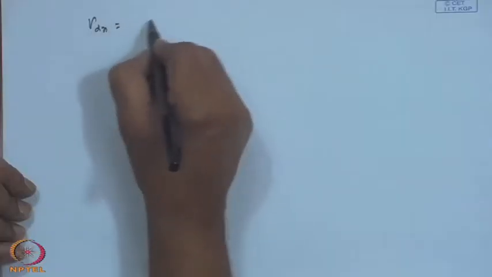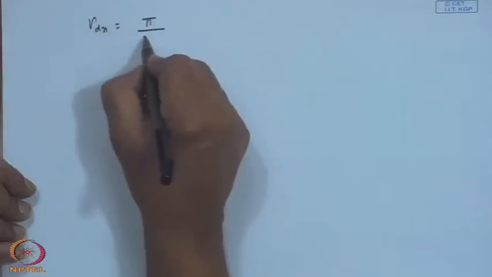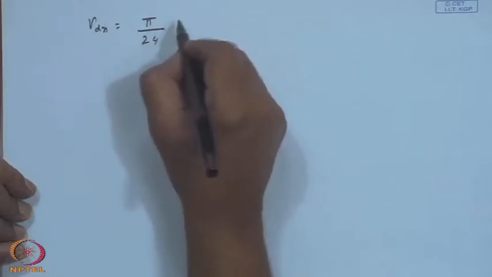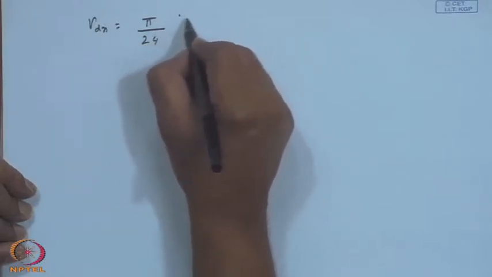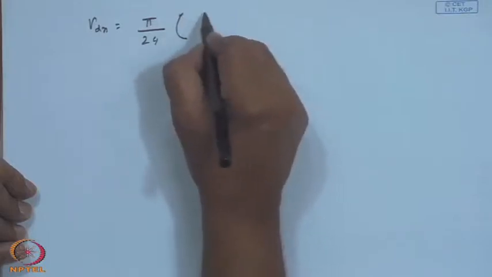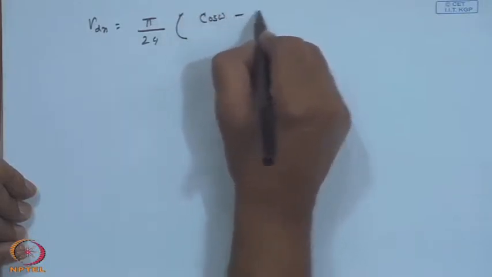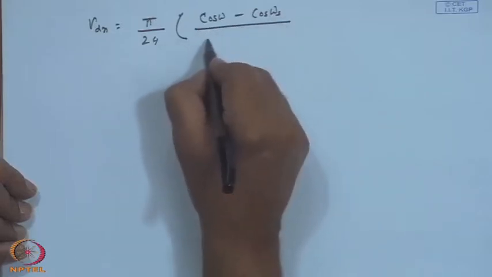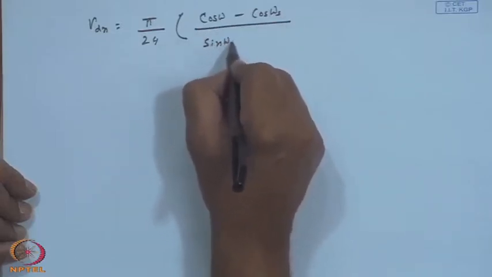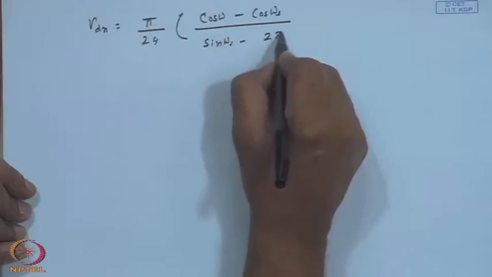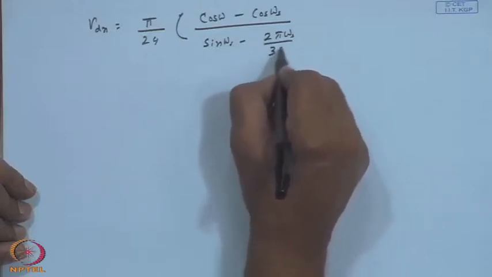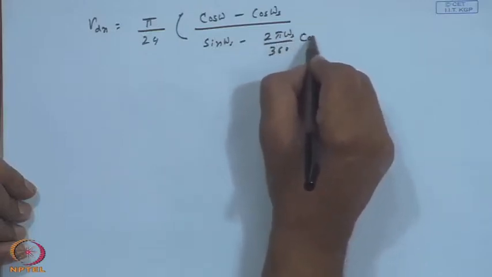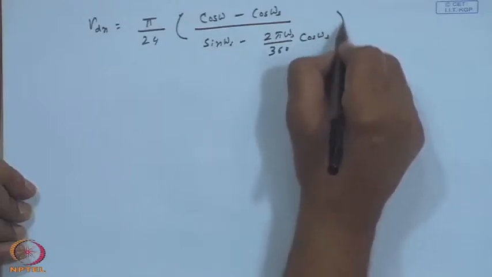Then RDN is pi by 24 times cos omega minus cos omega s by sin omega s minus 2 pi omega s by 360 cos omega s.